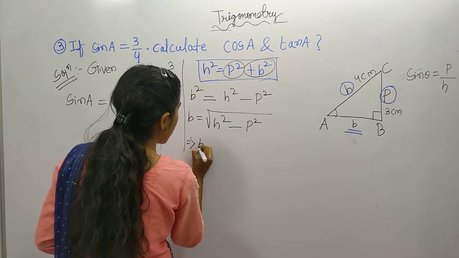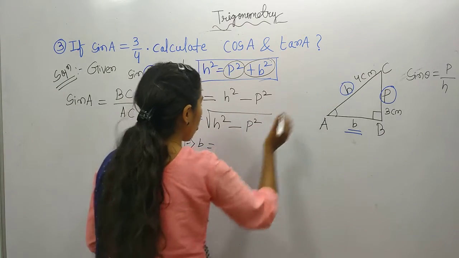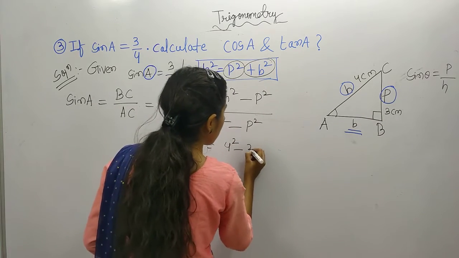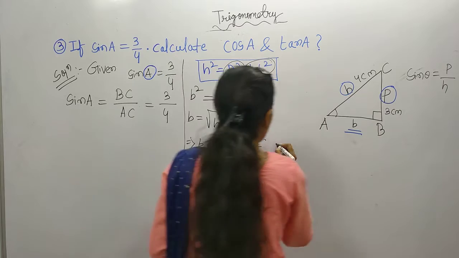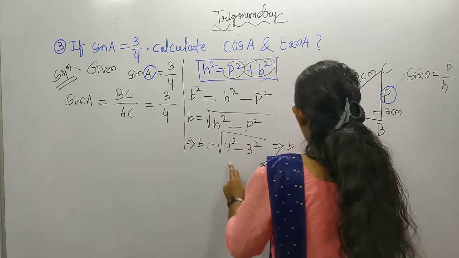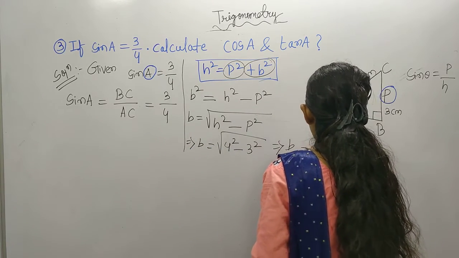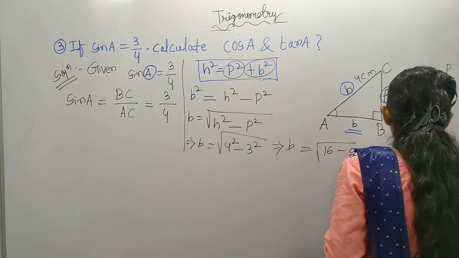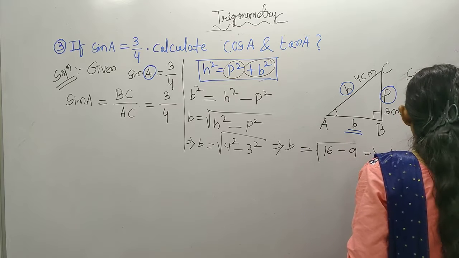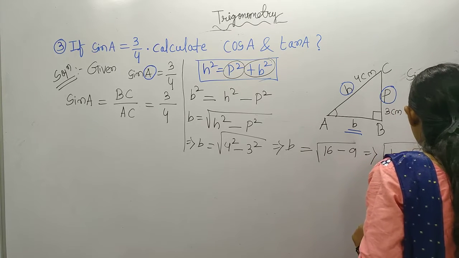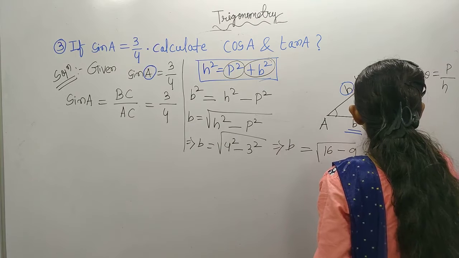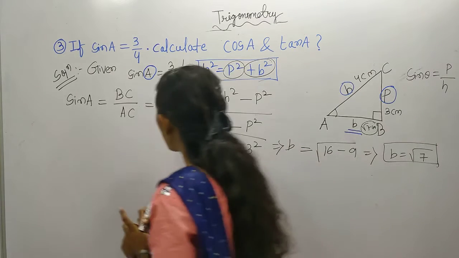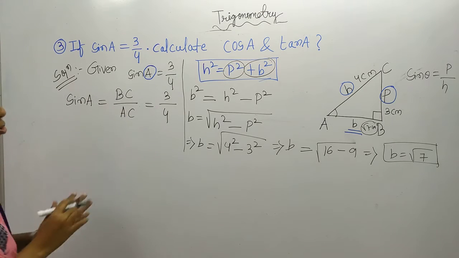That implies B equals root of 4 square minus 3 square. 4 square is 16 minus 3 square is 9. So B equals root of 16 minus 9, which is root 7. So how much did the base come? Root 7 cm. Over.